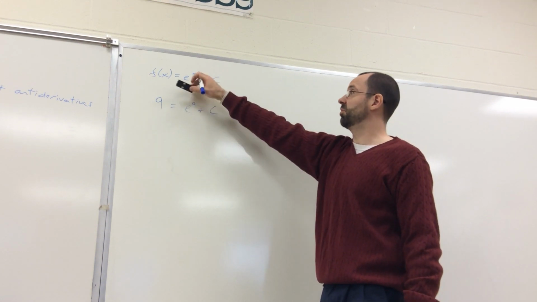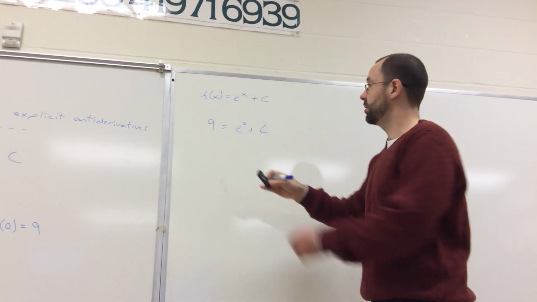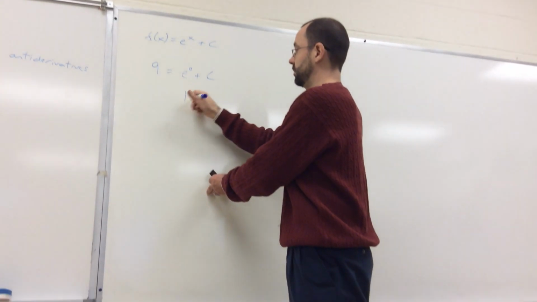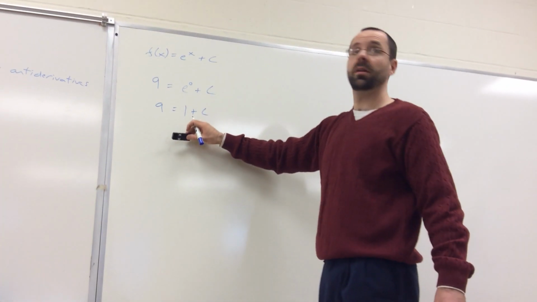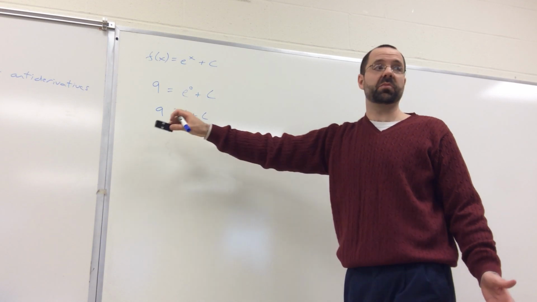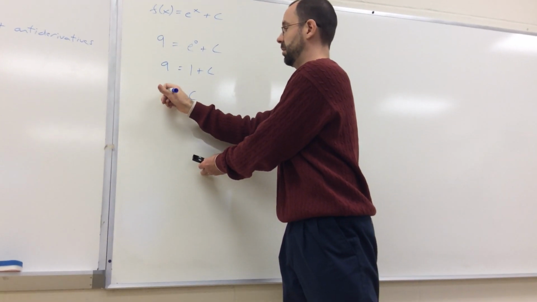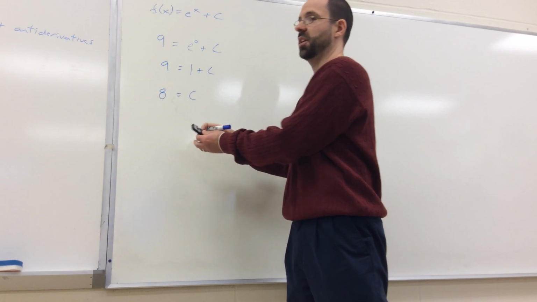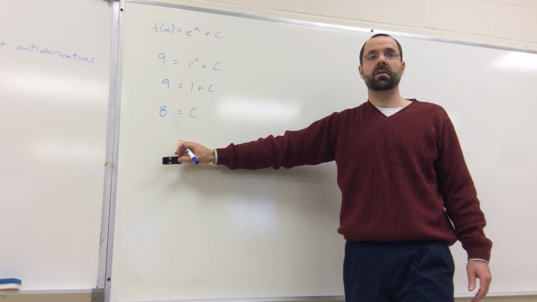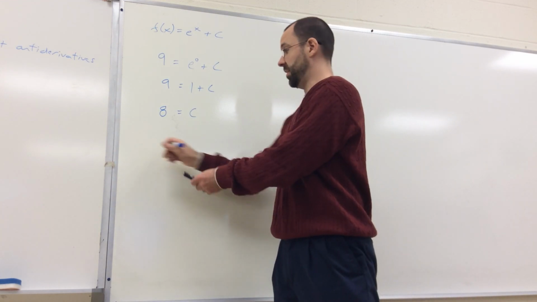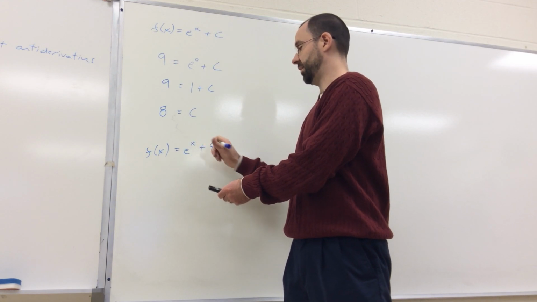In other words, if I put a 0 where the x is, then y is going to be 9. So then e to the 0 is 1. And then to figure out c, I just have to subtract 1 from both sides. So c comes out to 8. So then your final answer is that the f of x is e to the x plus 8.